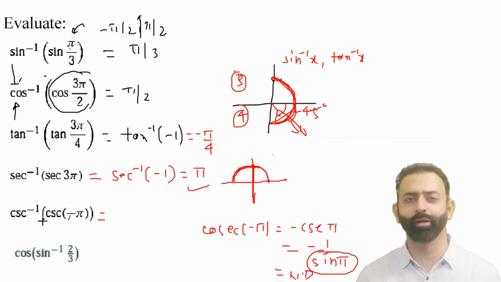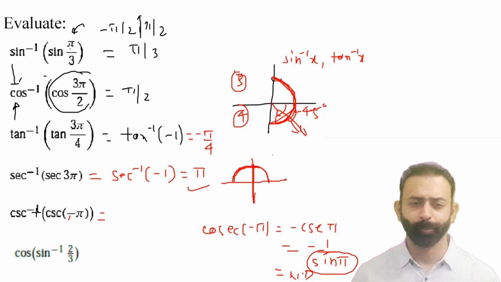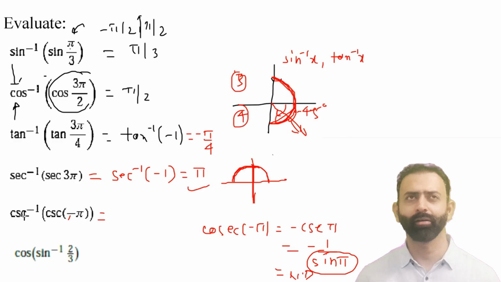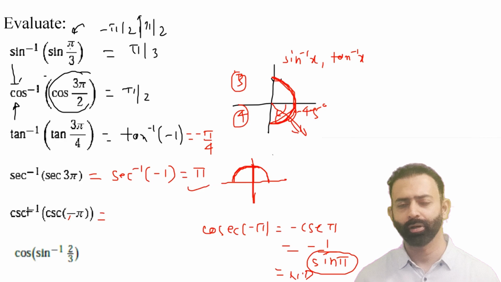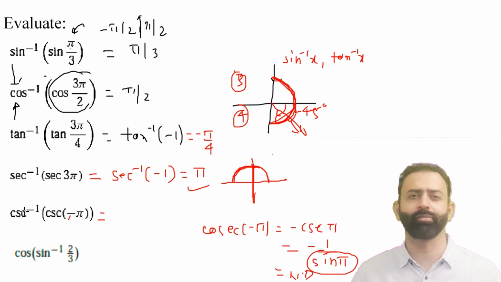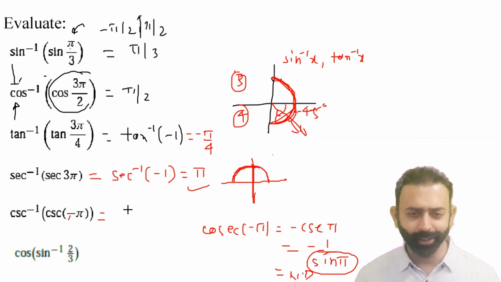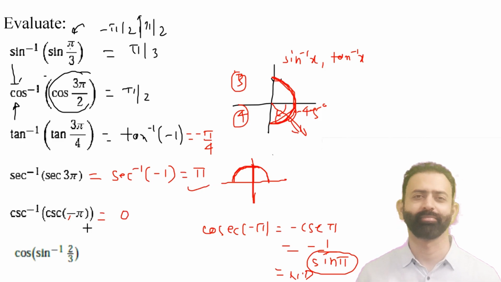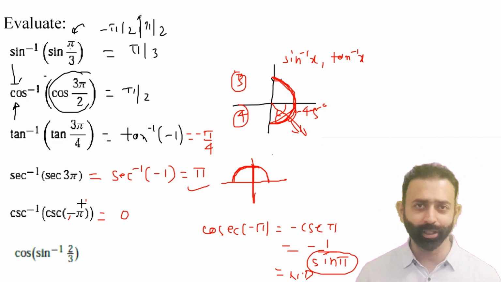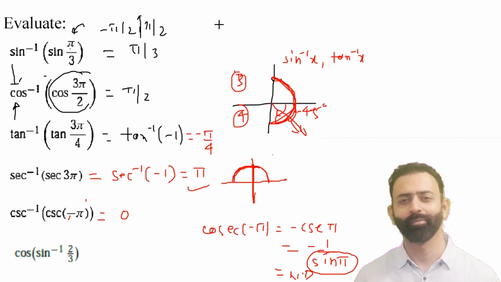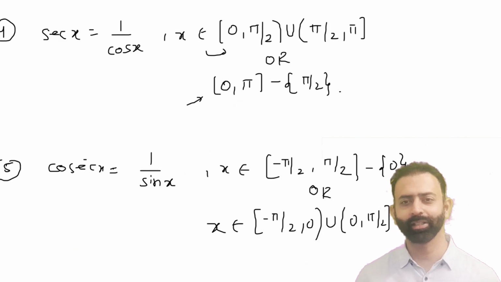So if the value is not defined, what can you write for cosec inverse? Between -π/2 to +π/2, at what value is the cosec not defined? If you write 0, at 0 it is not defined. But please remember, this 0 is not in the domain of cosec.